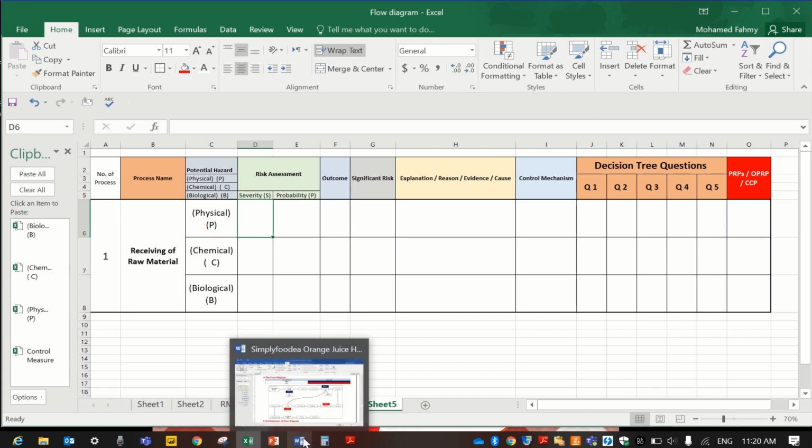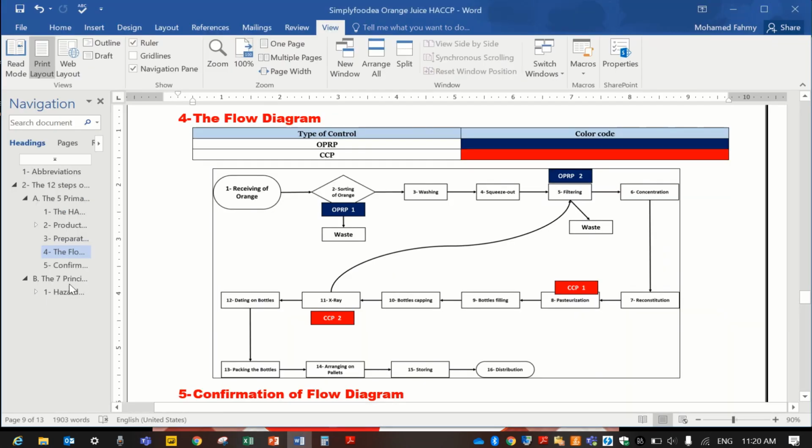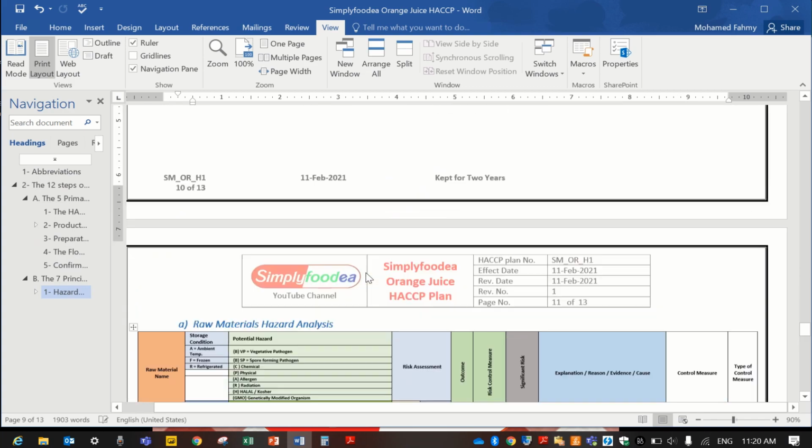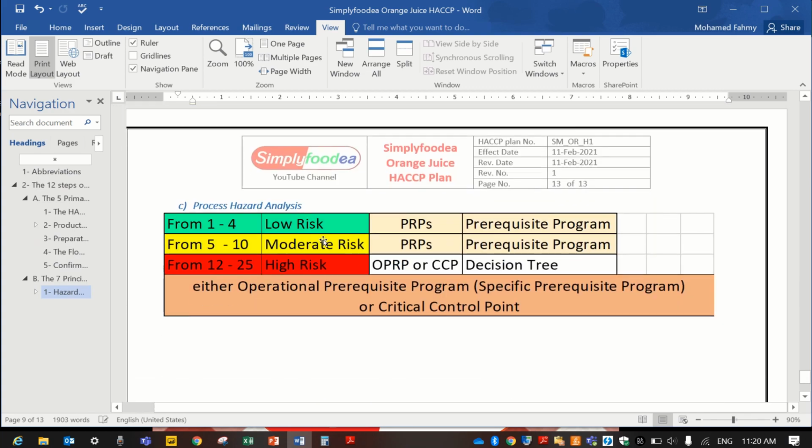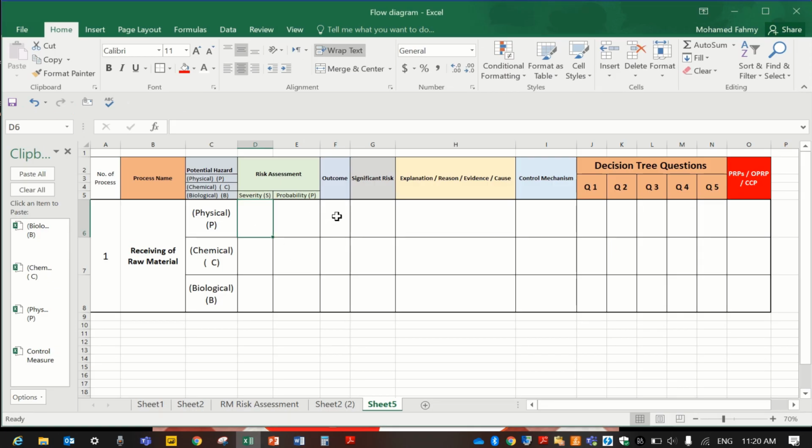As you can remember, in our main process risk assessment decision tree, if it is low risk, it's PRP, or moderate risk, also PRP, high risk, so we'll go to the decision tree. So in our example here, just make this calculation, multiply this, shift 8 and this, and enter.